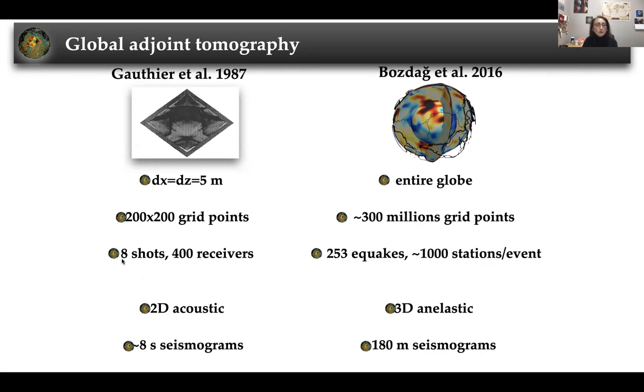And they had only 8 sources recorded by 400 receivers. In the first global adjoint tomography model, the data was from 253 earthquakes, where each earthquake was recorded by approximately 1,000 stations. It was a 2D acoustic problem. This is a 3D anelastic problem. There, the duration of seismograms was 8 seconds, and in our case, we are routinely computing 180-minute seismograms.